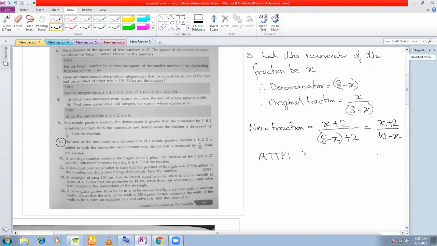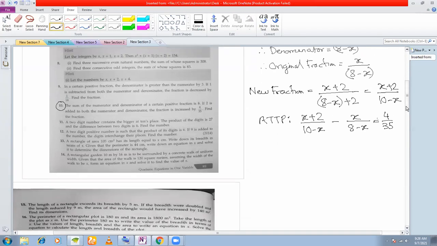That means x plus 2 by 10 minus x, minus the original fraction, which was x by 8 minus x, is equal to 4 by 35. Right? So now I can solve this equation.